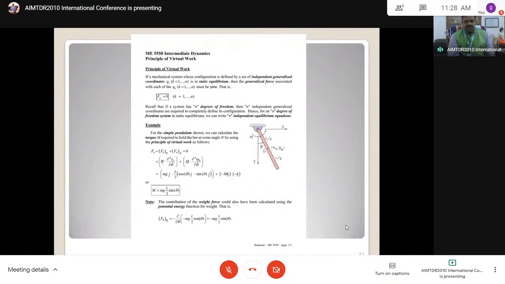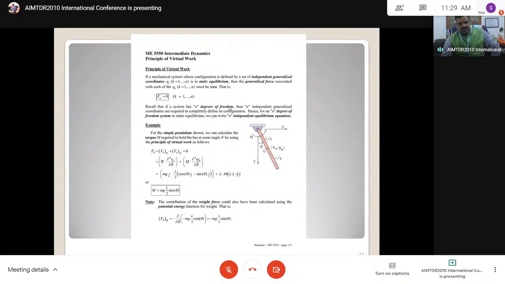With some independent generalized coordinates, Qk, k equal to 1 to n, in static equilibrium, the generalized force associated with these displacements must be 0. Some of the forces can be determined.